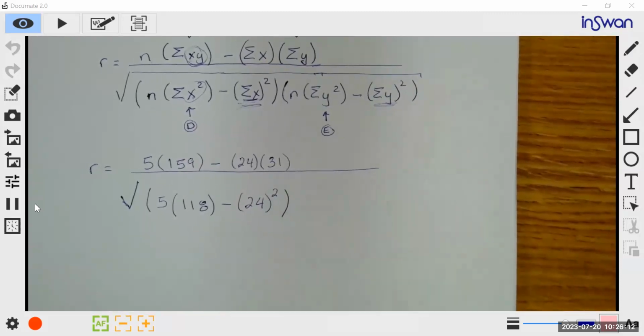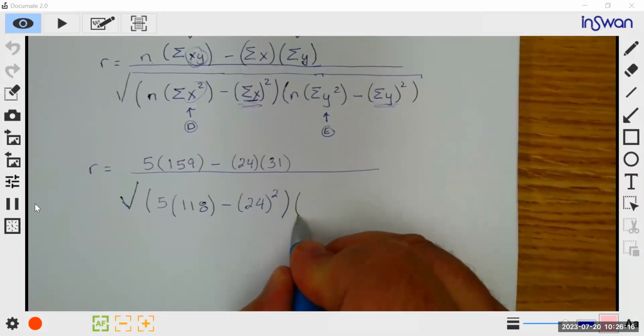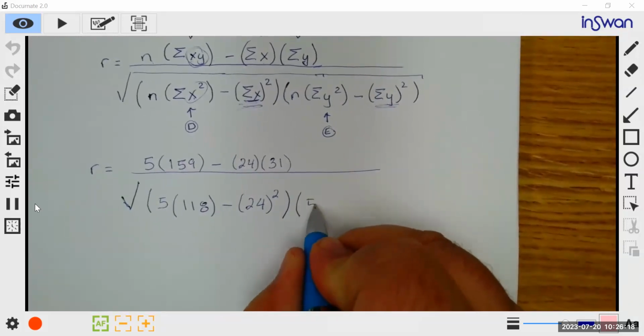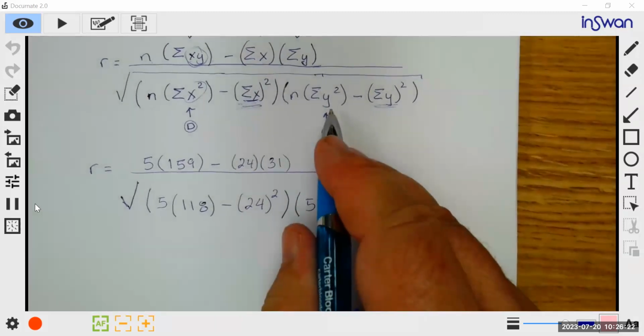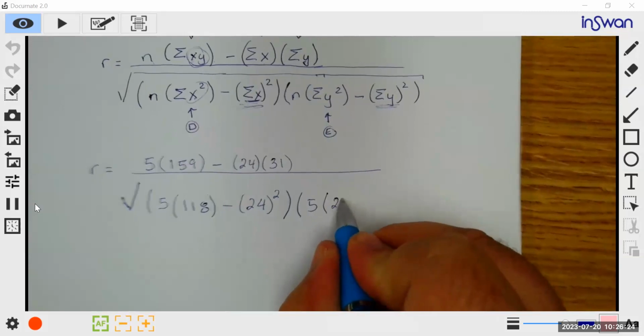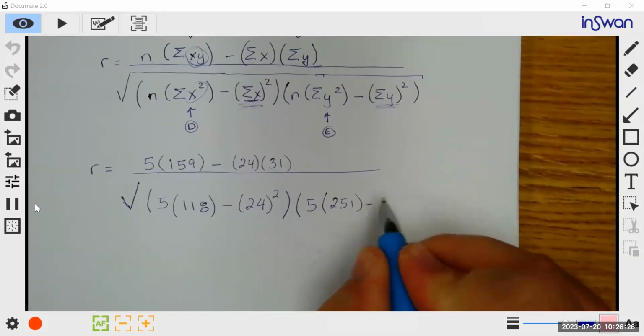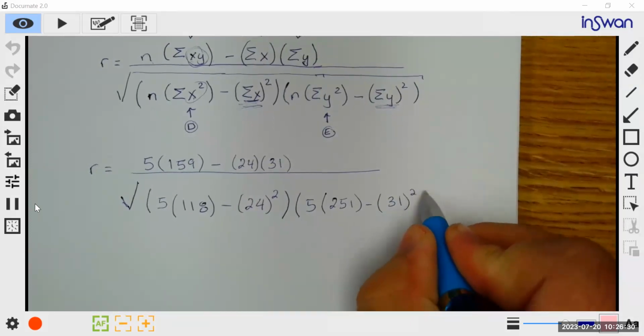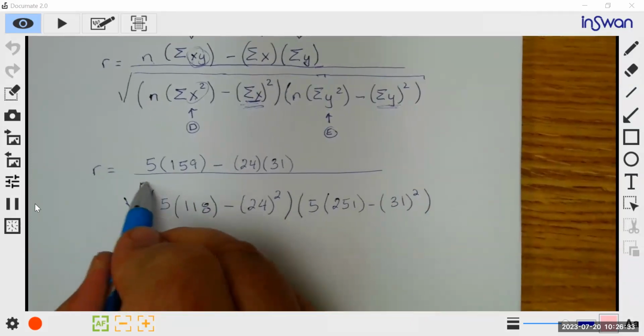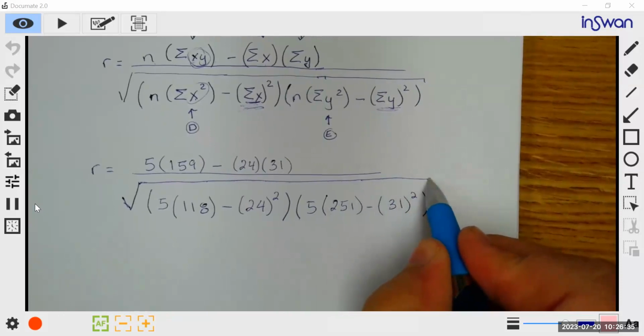That's the first parenthesis. And the same thing with the second: 5 times summation of y squared is 251, minus 31 squared. Close that. And it's the square root of all of that.